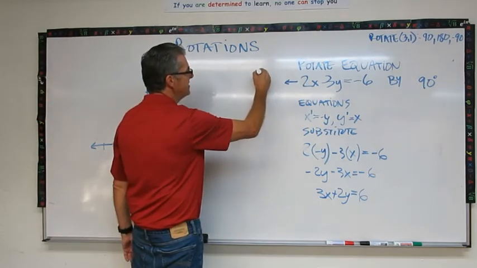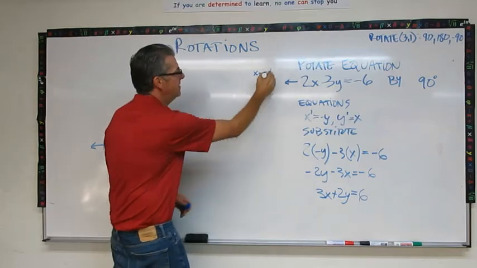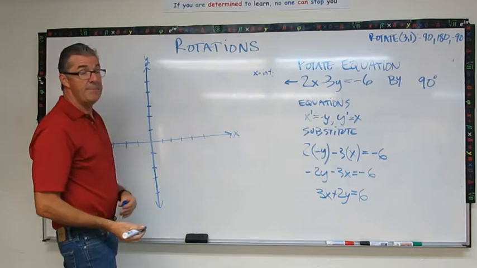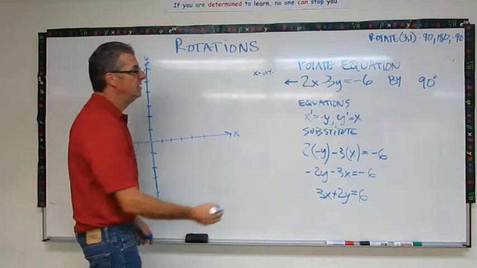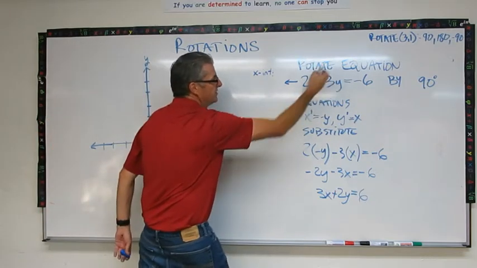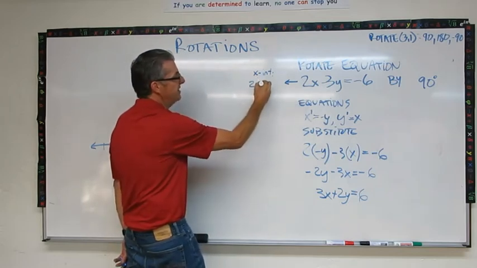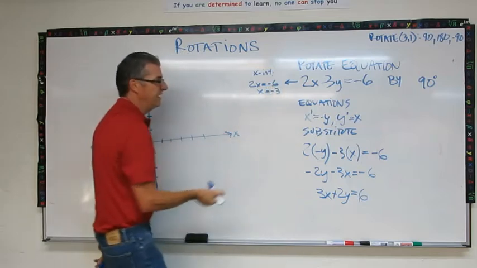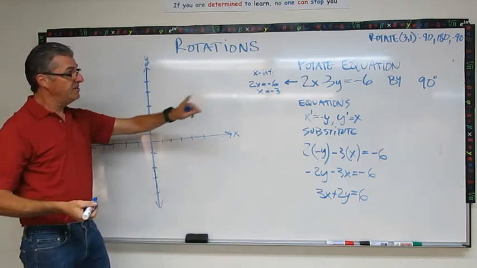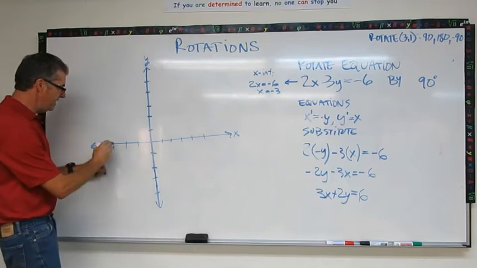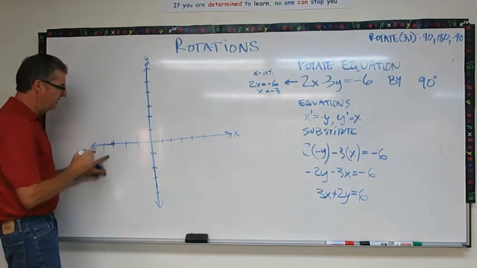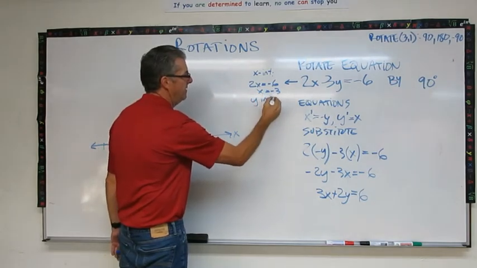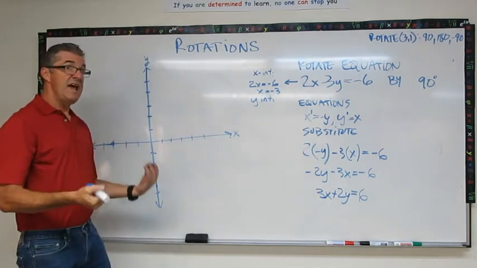Let's find the x-intercept of this first one. So the x-intercept, when it crosses the x-axis, happens when y equals 0. So when y is 0, this part goes to 0, and you're going to have 2x equals negative 6, or x equals negative 3. Okay, so this line crosses the x-axis at negative 3, right there. Let's find the y-intercept. The y-intercept happens when x equals 0.